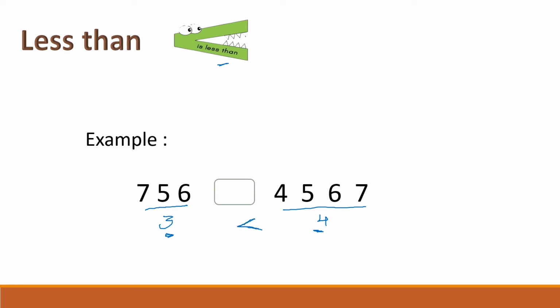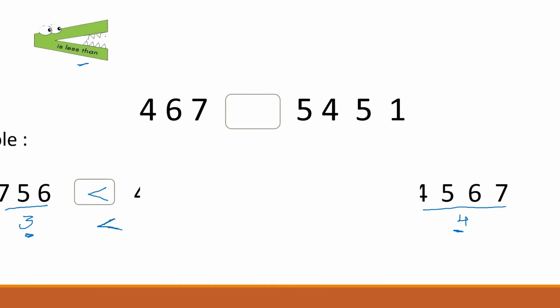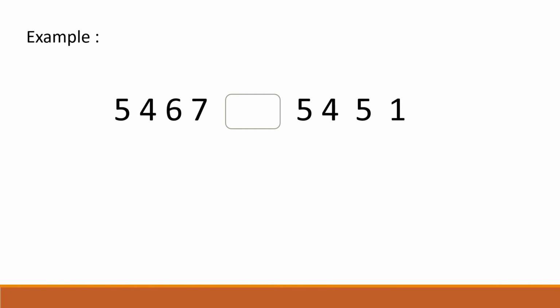The crocodile always wants to eat the bigger one. So the crocodile mouth is open on the right hand side. So this symbol is called a less than and it is read as 756 is less than 4567.